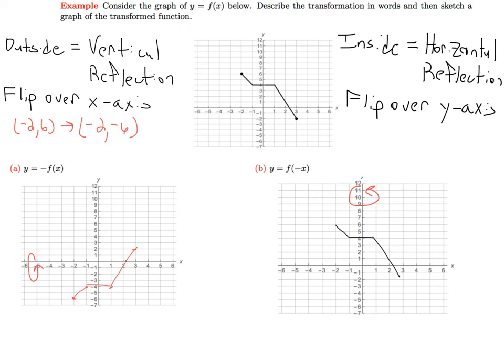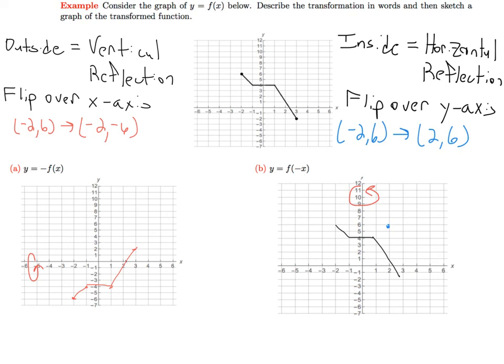So this point at minus 2, 6, it now gets flipped horizontally and winds up at positive 2, 6. So we can mark that point over here. So we're going to change the sign of the x-coordinate of every point. This point at minus 1, 4, well, it now winds up at 1, 4.